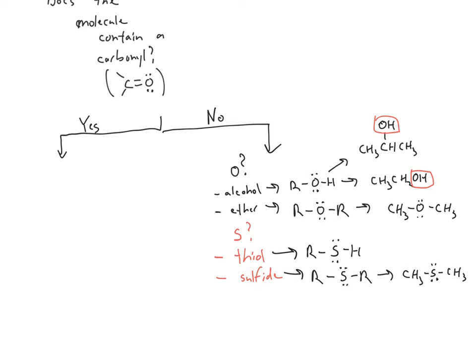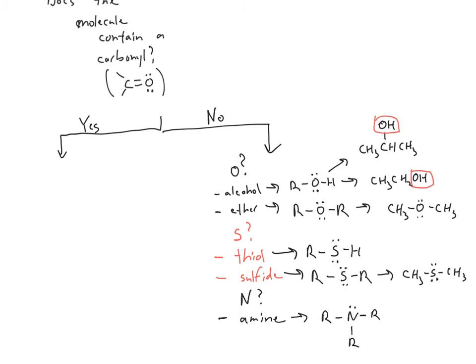What if you have a nitrogen? And again, no carbonyls. There's no carbonyl. You have an amine, R. So we have a nitrogen that is singly bonded to three other atoms.